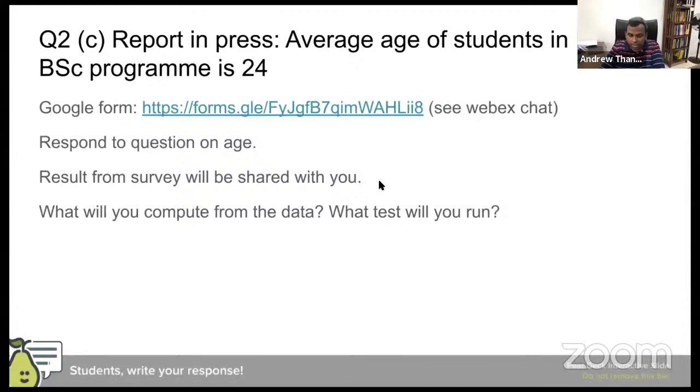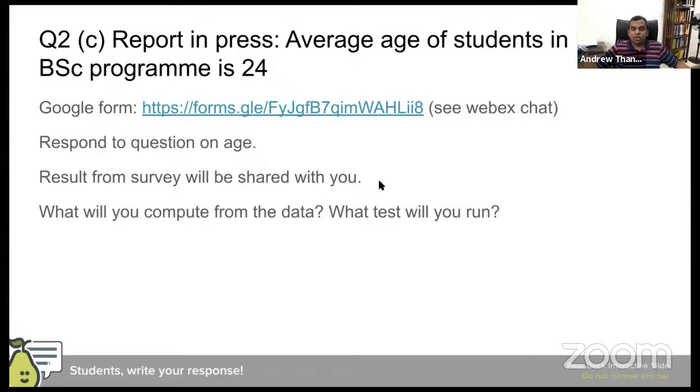So I got 33 samples, a sample mean of 31.06, doesn't matter, and a sample standard deviation of 14. Let's just take 14. You can take 31 and 14 if you don't like it. Is that okay? So that's my survey result.